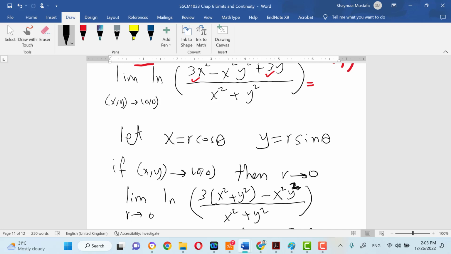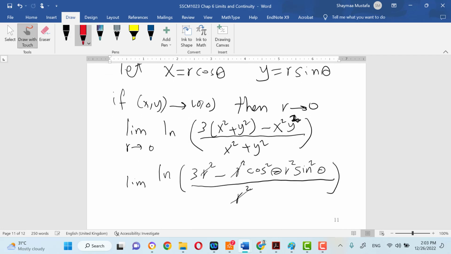Now 3(x² + y²) means 3r², minus x² which is r² cos²θ, multiplied by y² which is r² sin²θ, over x² plus y², which is r². Now r² is a common factor in the three terms, so they cancel.